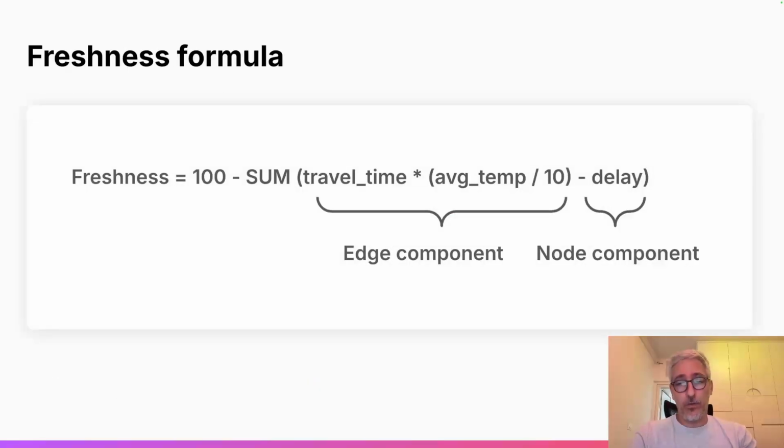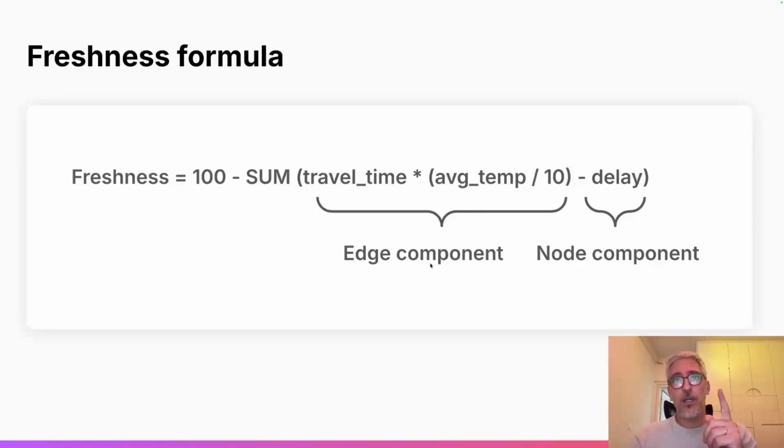Okay, to compute the freshness level, we have this formula. So at the very beginning at the farm, the produce has a freshness level of 100. And along the way, the produce decays. The formula says that the freshness level is 100 minus the sum of each leg along the way, taking the travel time times the average temperature divided by 10.